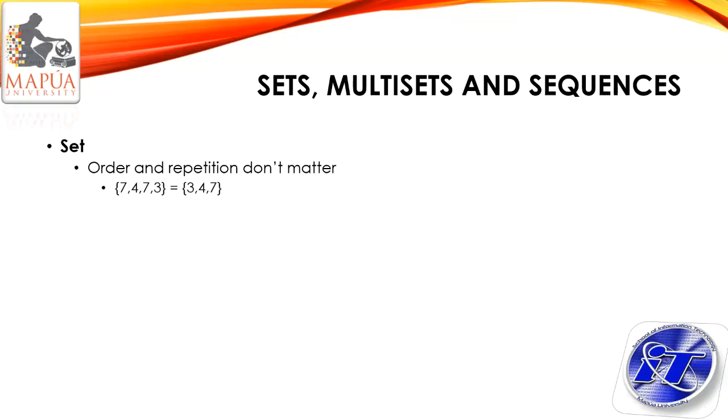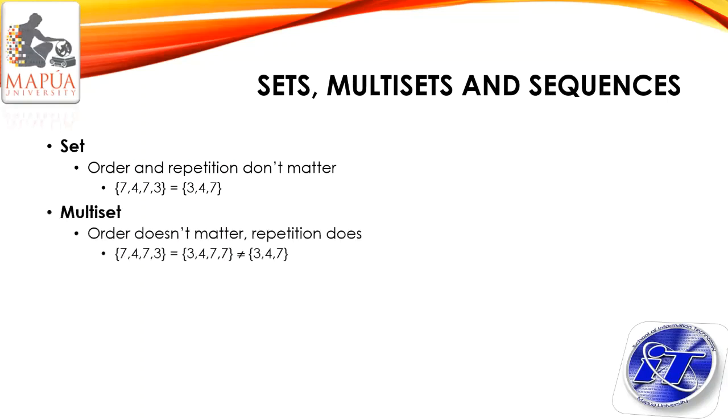While for a multi-set, order doesn't matter, but the repetition does. So you cannot remove an element in a multi-set because if you remove it, it will not be equivalent to the original multi-set. For example, we have 7, 4, 7, 3.